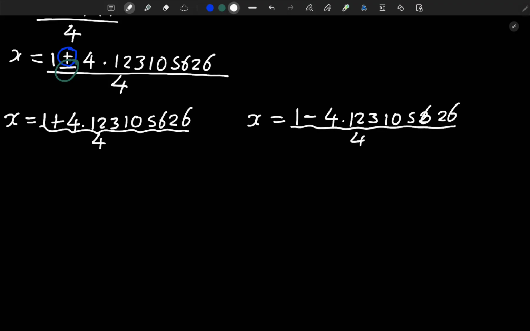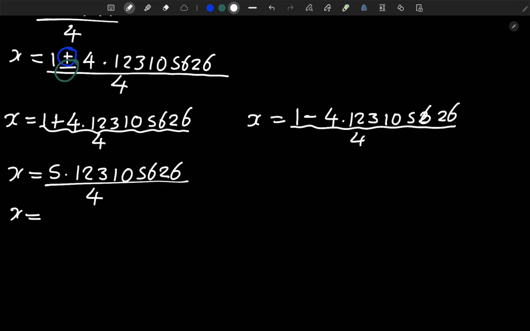Then we can now just do the mathematics. So x is equal to, so 1 plus 4.123105626, I'm getting 5.123105626 over 4.